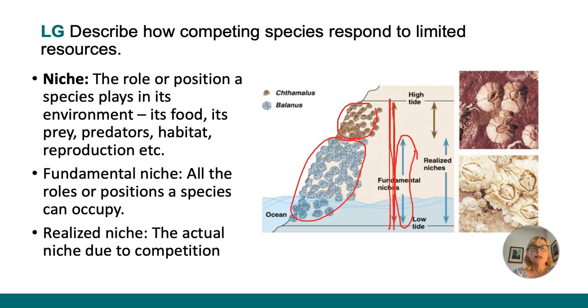Apparently Balanus can't handle that, because you can see by the arrows, its fundamental niche can't occupy it, so it can only stay down in this area. But the brown ones can occupy drier conditions for part of the day. And because of competition, it remains in this area of the tidal zone.